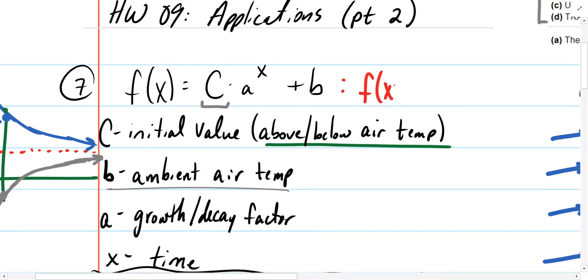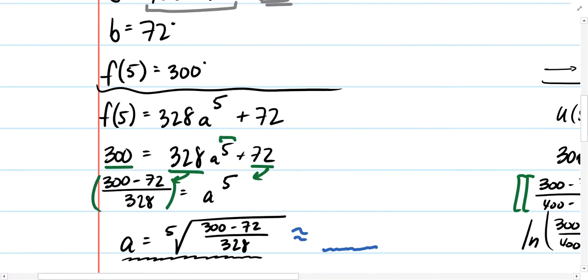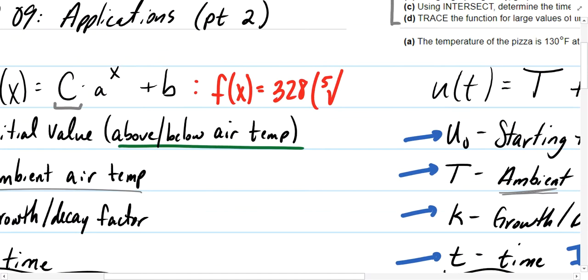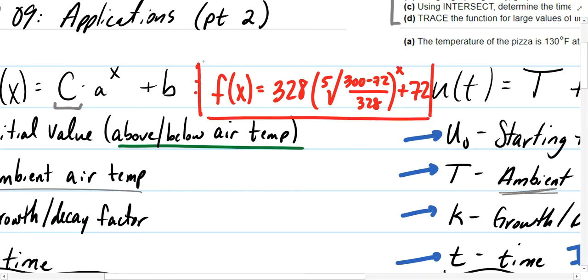The equation is going to be f of x equals 328 times the fifth root of, let me double check that again before I commit to it, 300 minus 72 divided by 328, to the power of x, plus 72. Sorry, I didn't mean to run out of room there. But this is the equation that I'd like to graph.